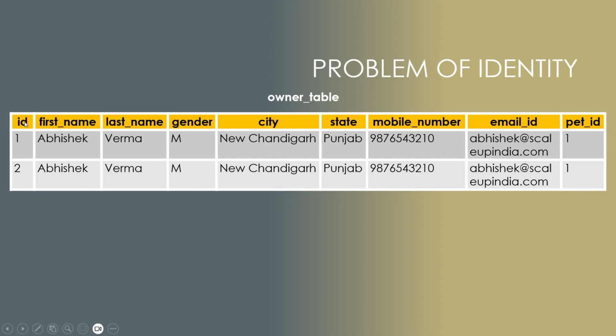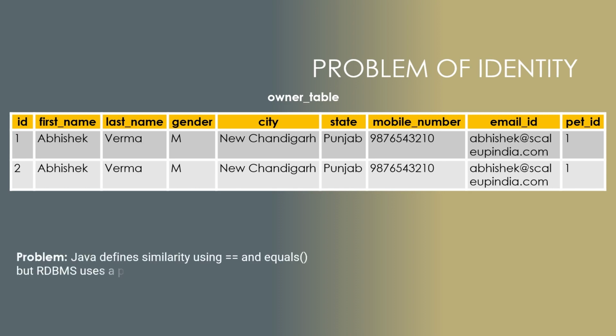But if we are using this ID as a primary key, then just on the basis of this ID, we can understand whether these two rows are the same or not. Currently, since these two IDs are different, it will be considered as two different records, although you can see the whole data is even the same. So that is the problem of identity.